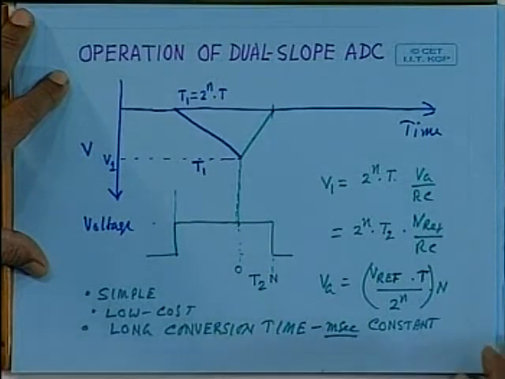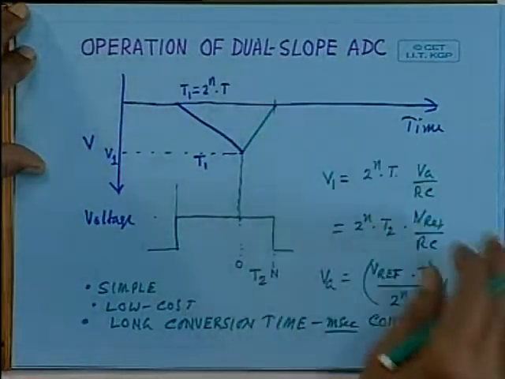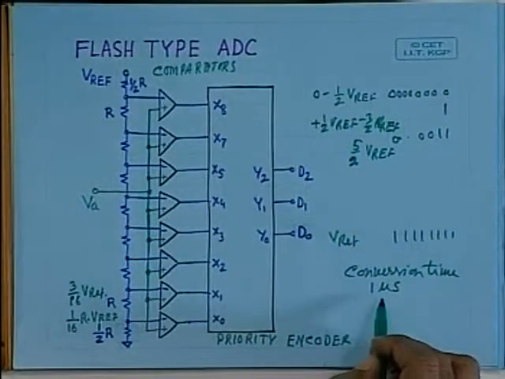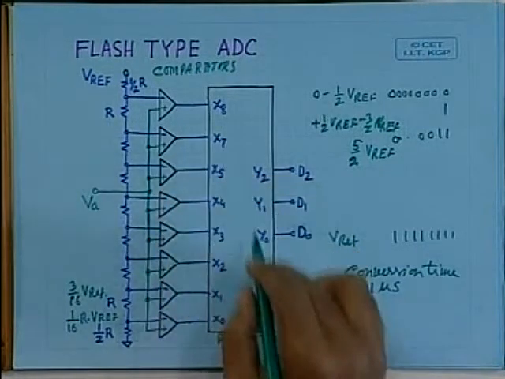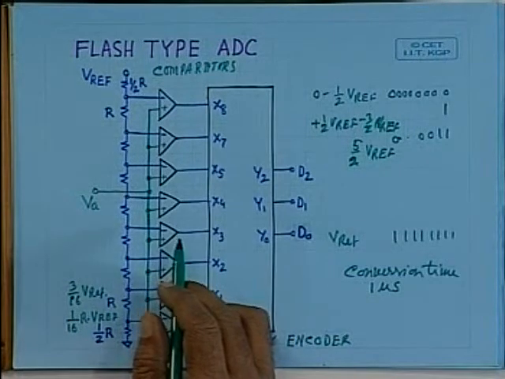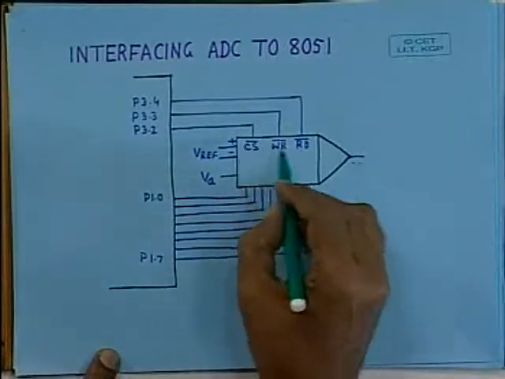So compared to dual slope analog to digital converters, which are indirect type AD converters, this flash type AD converter gives you very low conversion time, of the order of 1 microsecond. So this is the internal circuitry of a flash type AD converter. Since the conversion is taking place very quickly, almost in a flash, that's why it is called flash type analog to digital converter. And in fact, commercially flash type AD converters are available.